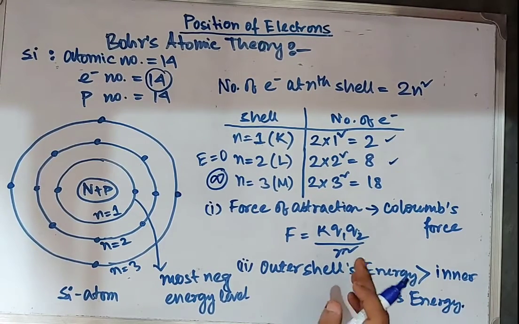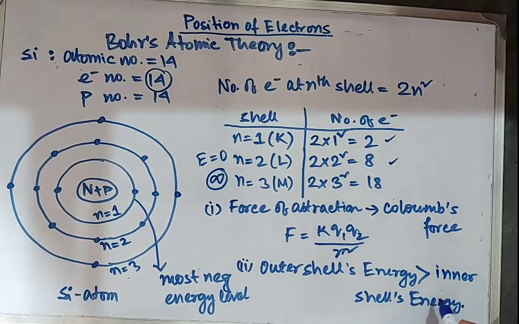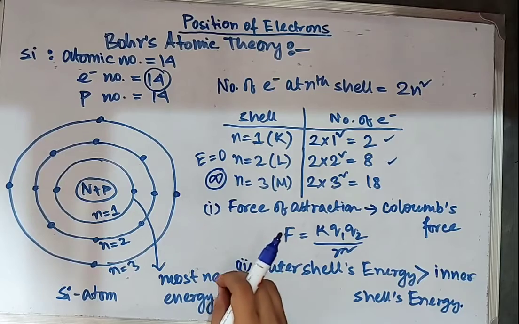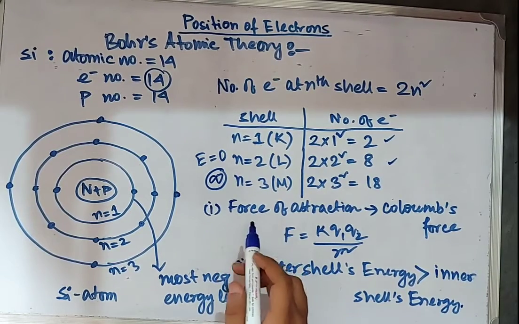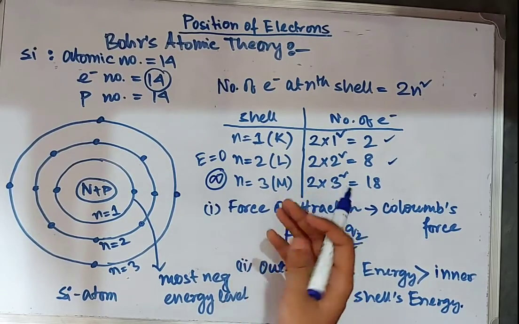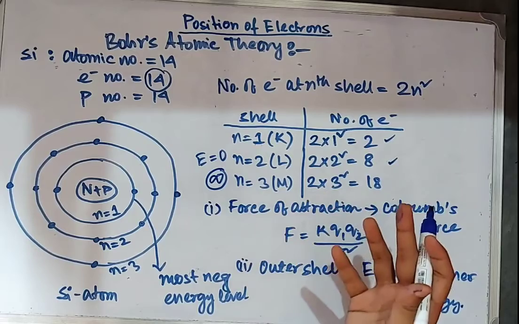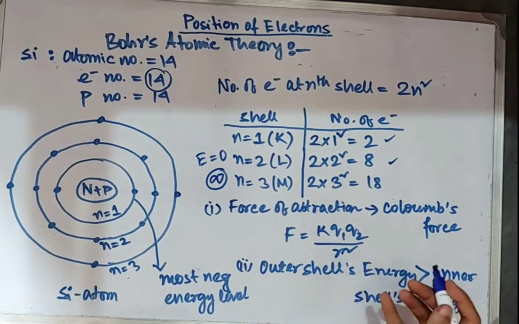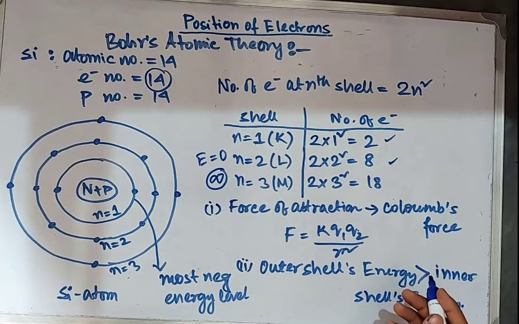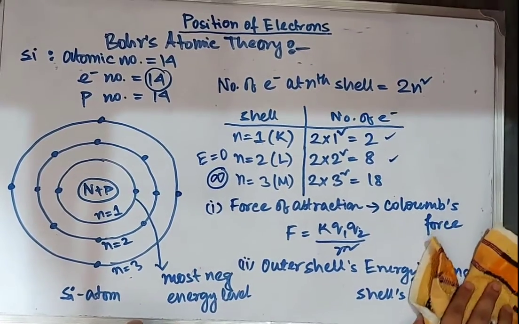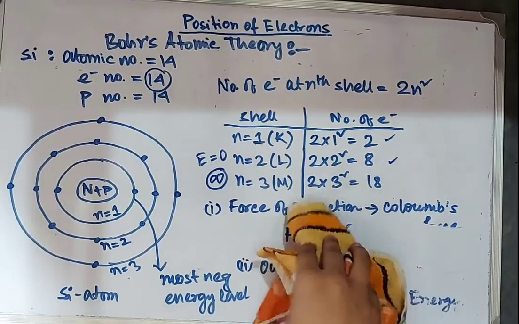Outer shell's energy is much more positive than the inner shell's energy, because the first energy state, which is K shell, has the most negative energy state, and L is much more positive, M is much more positive than L. So that's how it goes. That is why the outer shell's energy is always greater than the inner shell's energy. So this is the second point I need to mention.